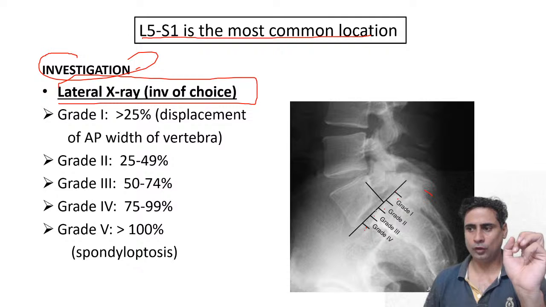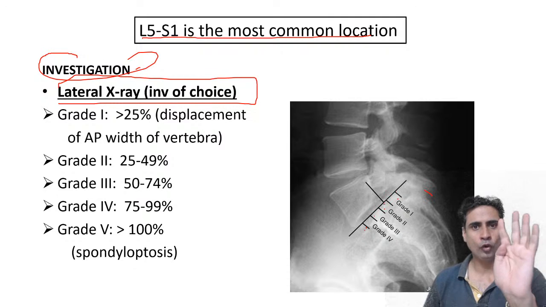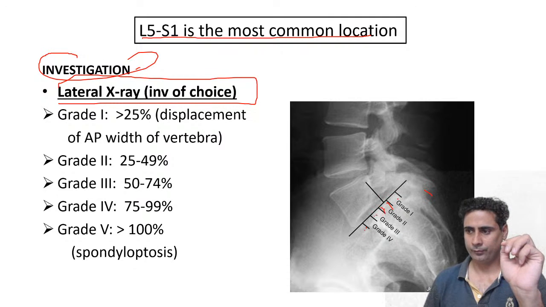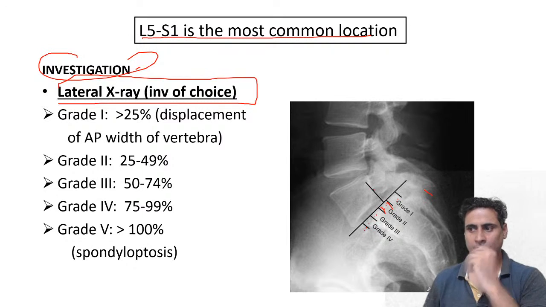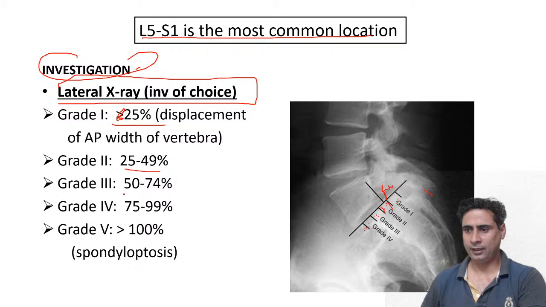The width of the lower vertebra is divided into 4 equal quadrants: 25%, 25%, 25%, 25%. If the upper vertebra slip is less than 25%, up to here, it is grade 1. If between 25 to 50%, grade 2. 50 to 74%, grade 3. 75 to 99%, grade 4.